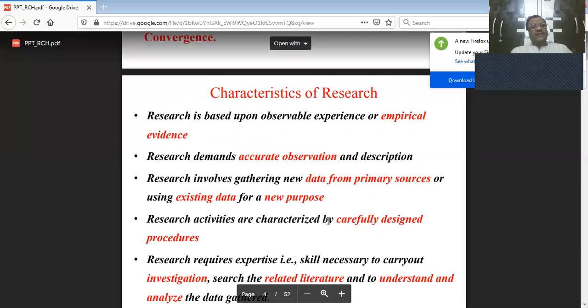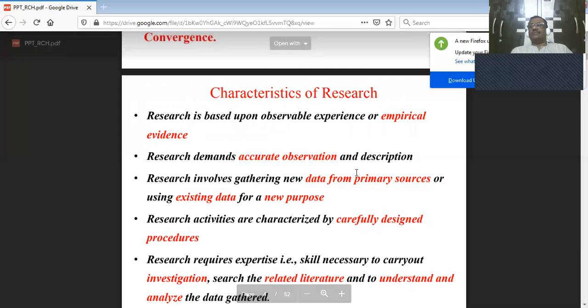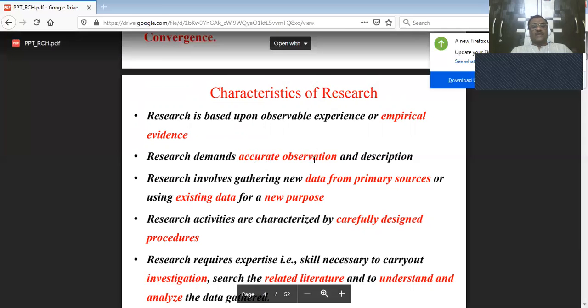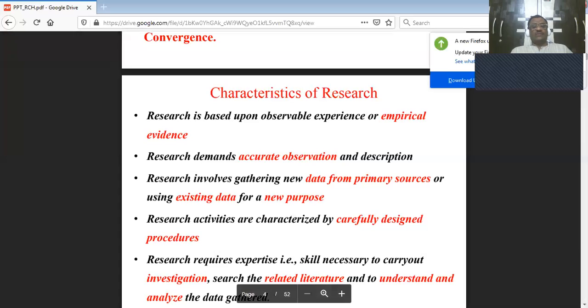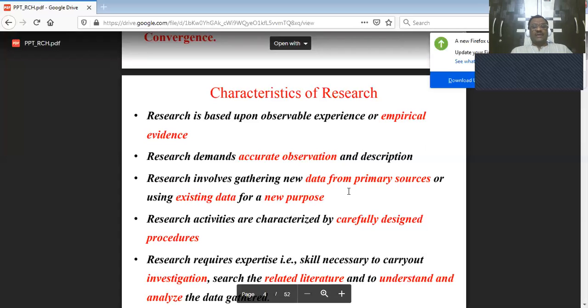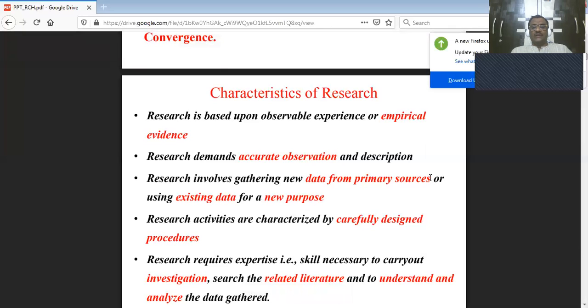Next, research involves gathering new data from primary sources. If you say accurate observations, it could be based on primary sources of data, or maybe secondary existing data. Primary data is all about your first hand experiences.